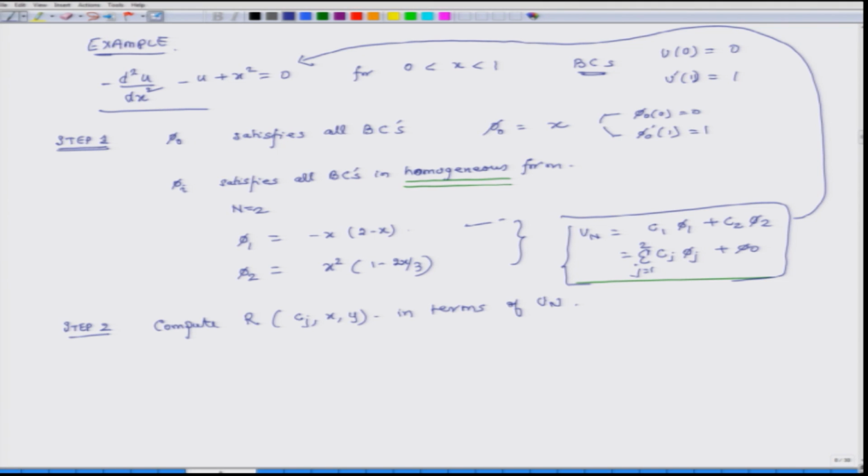So, my residue is summation j equal to 1 to n of Cj times the second derivative of phi j by dx square, with a minus sign here, plus Cj phi j, okay, minus d2 phi naught over dx square plus phi naught plus x square.